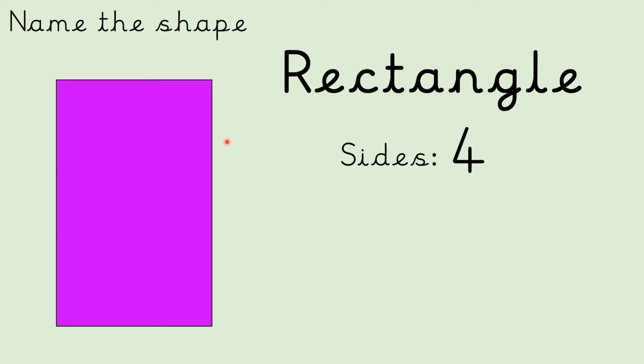In a square, the sides are all the same length. However, in a rectangle, we can see that 2 of the sides are the same length, but they're not all the same length. So we have 2 sides that are longer than the other 2. How many vertices does a rectangle have? 1, 2, 3, 4 vertices.